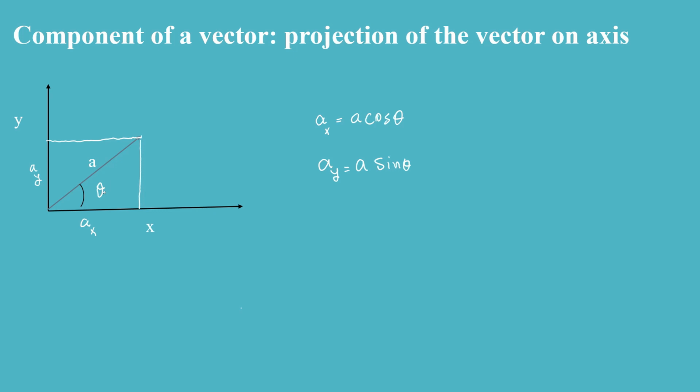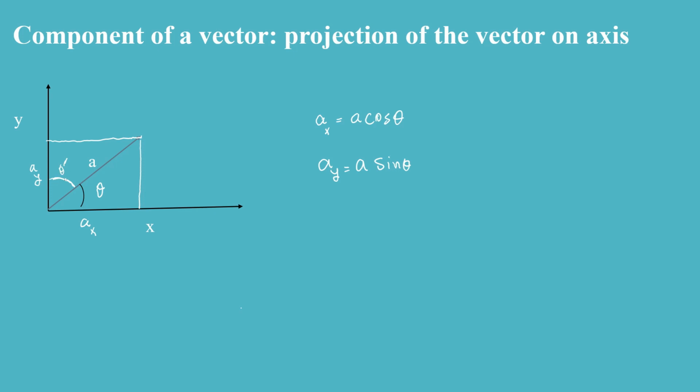So the common mistake a student makes is they change the theta when they write down the projection with respect to the y-axis. They think there should be another angle right here, let's call it theta prime, and they write down the projection with respect to this angle.